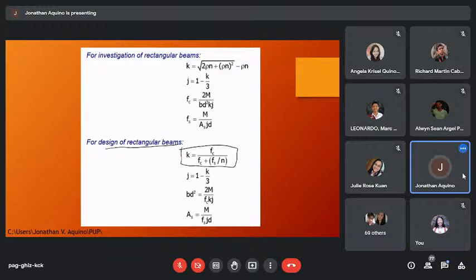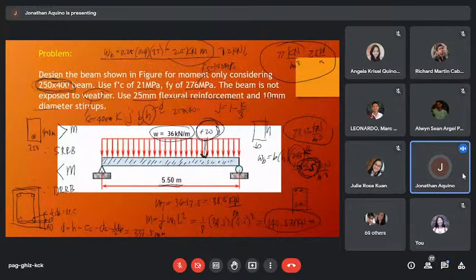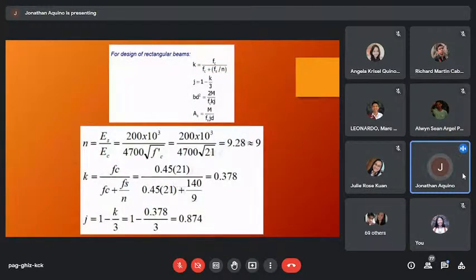So again, we need to determine the modular ratio n. The modular ratio n is equal to Es over Ec, or just simply 9.28, or 9. So we use n equal to 9. Then using the design formula for K, K is Fc over Fc plus Fs over n.